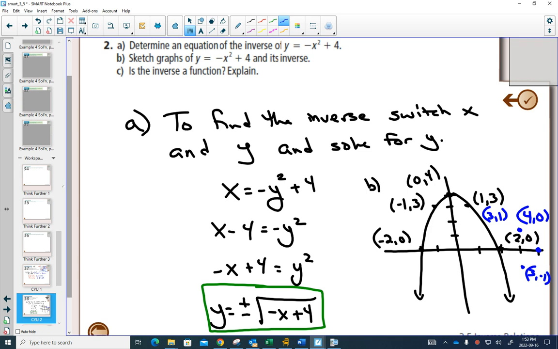Negative 2, 0. Oops. 0, negative 2. And 2, 0. 0, 2. This is why you almost need to have different colors.